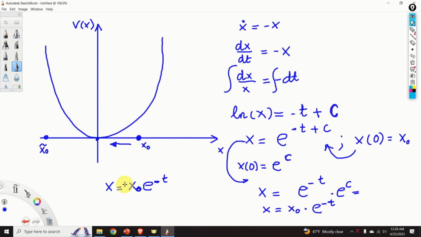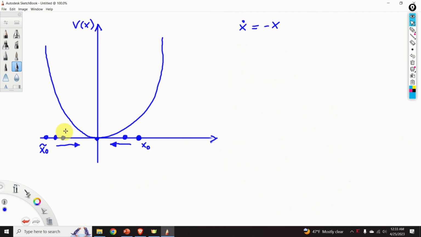Again, the right-hand side of the solution decreases in absolute value. That is, we can see that x will go in this direction and it will asymptotically approach 0. However, it will never approach 0 in finite time.